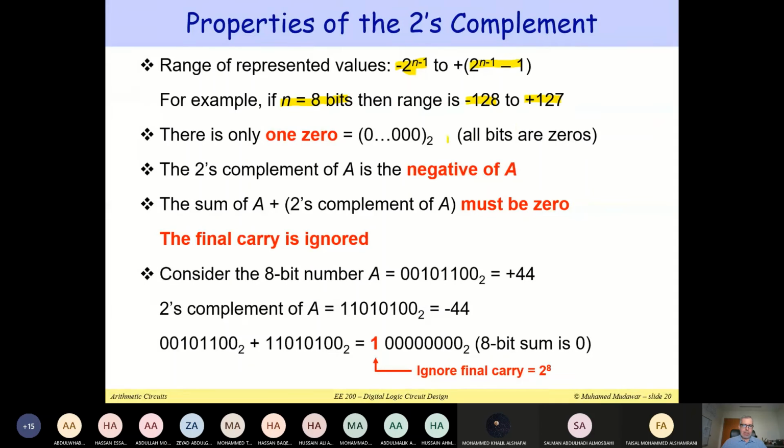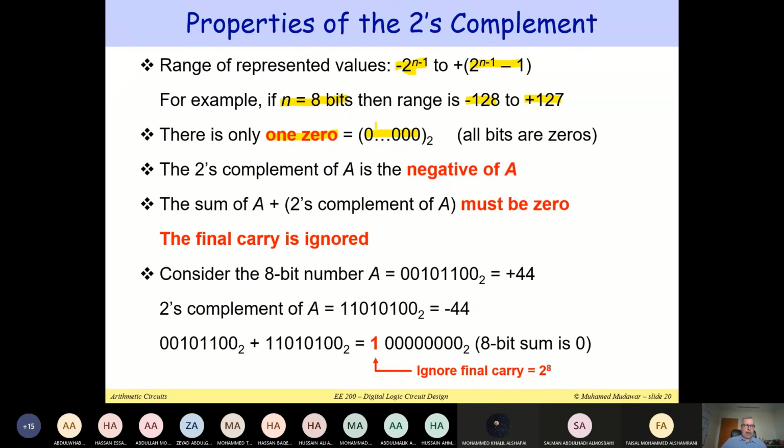The nice thing about the 2's complement is there is only one zero. We don't have plus 0 and negative 0, like in the case of the sign magnitude or the 1's complement, where we have two zeros. So here we only have one 0, and it is represented as all zeros in binary.